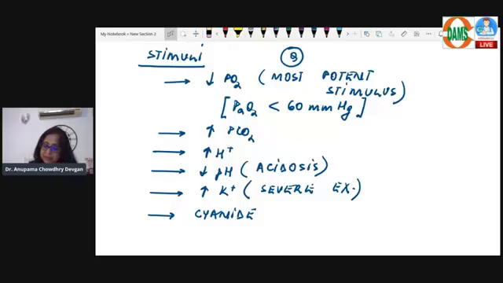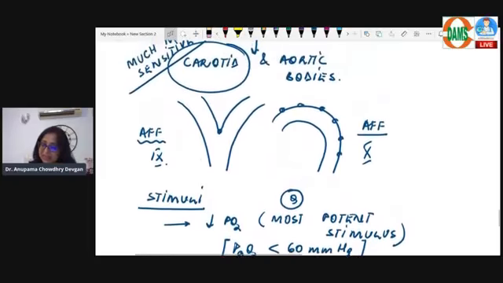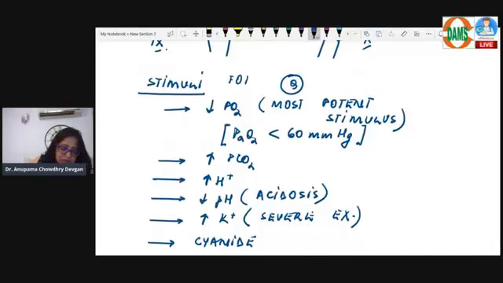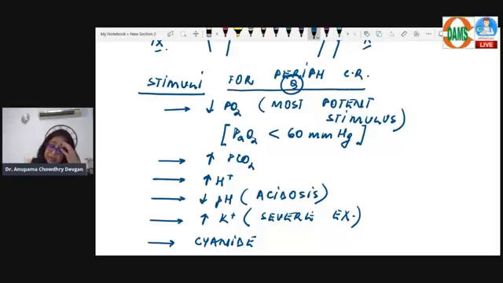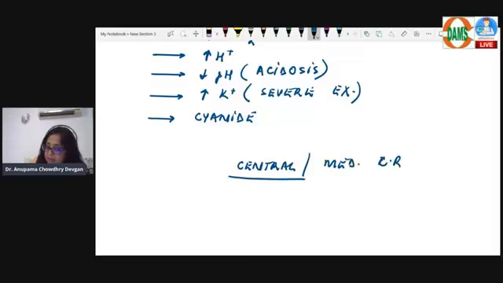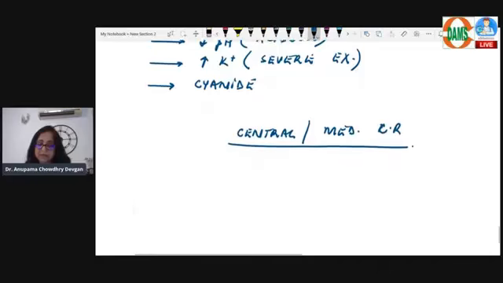Now, what are the stimuli for the central or the medullary chemoreceptors?